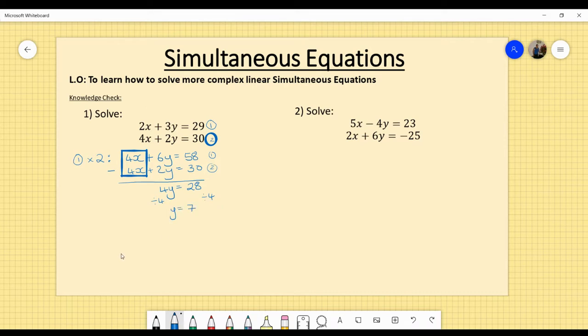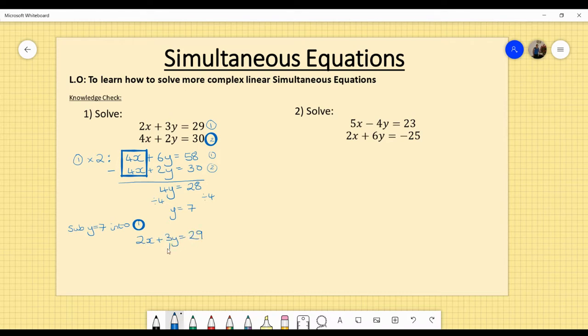And remember, I'm not finished at this point. I need to now find the other value for x, so I'm going to substitute my y equals 7 into one of the two original equations, whichever one you prefer. I'd say at this point they're both very similar, so it really doesn't matter. So I'm just going to pick equation 1. So that was 2x plus 3y equals 29.